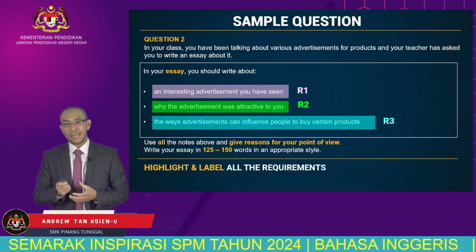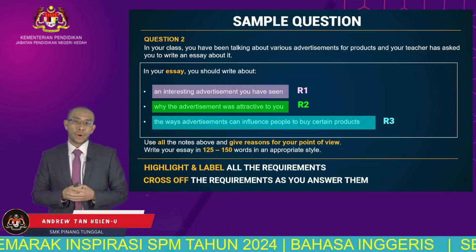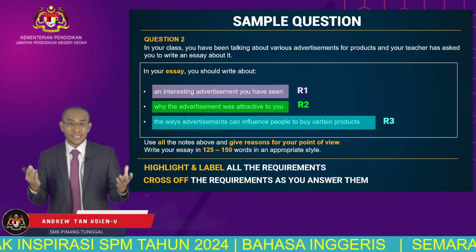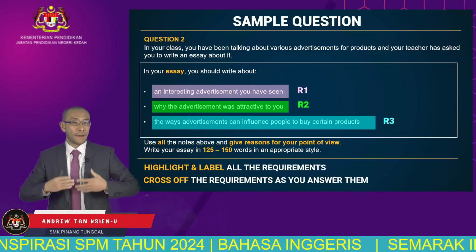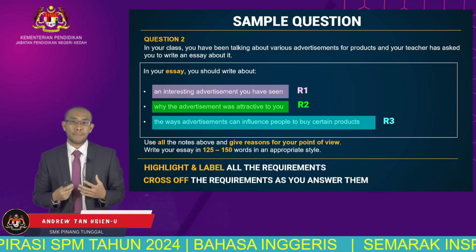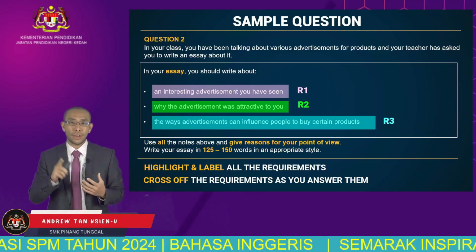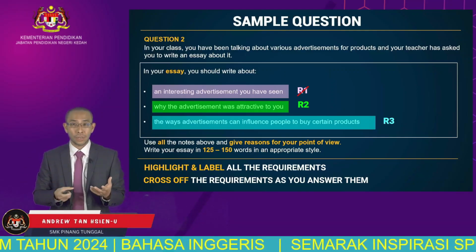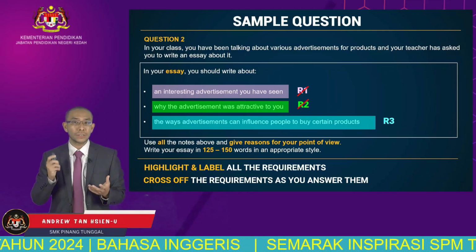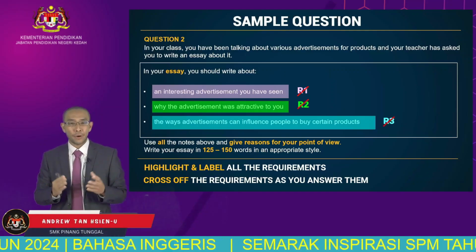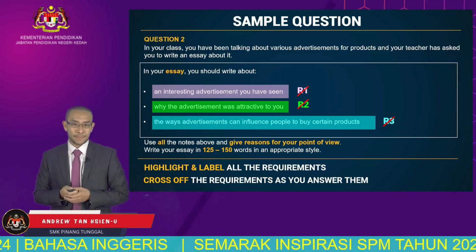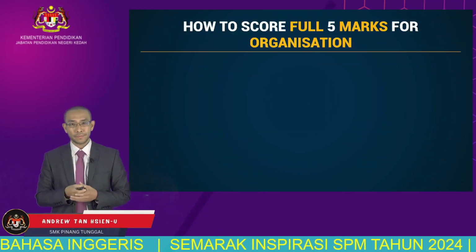The next thing is, you need to cross off the requirements as you answer them. All right? So after you have written your essay, always read back and check whether you have answered each and every one of the requirements. When you've done it, cross it off. R1, R2, and R3. That way, you can ensure that you have answered all the requirements. All right, let's move on.